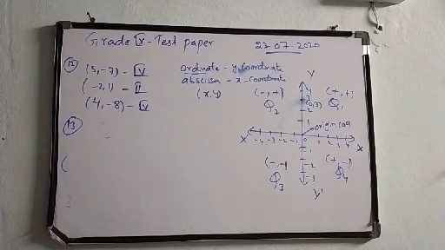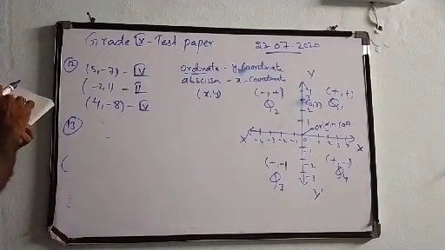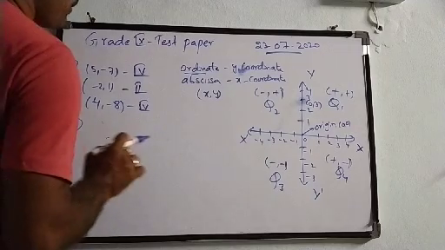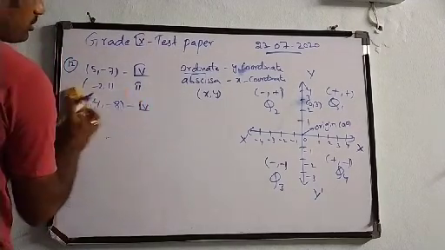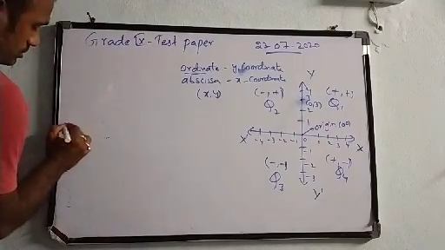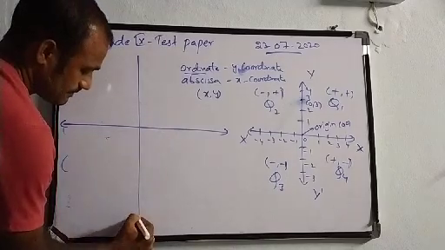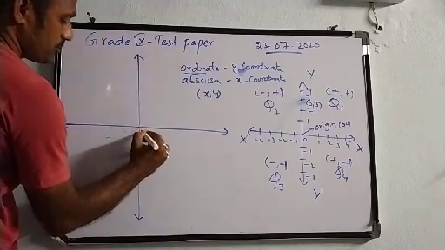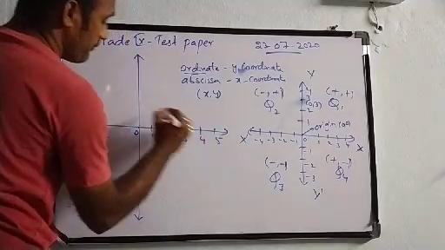So coming to next question, 13th question. In which of the following quadrant does it lie? Okay. Verify your answer by locating the points. Okay, let us look at the points. One, two, three, four, five.